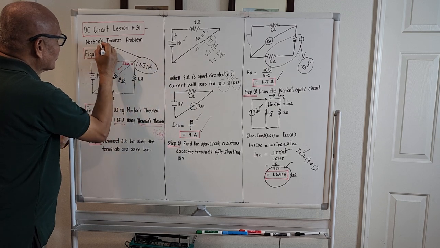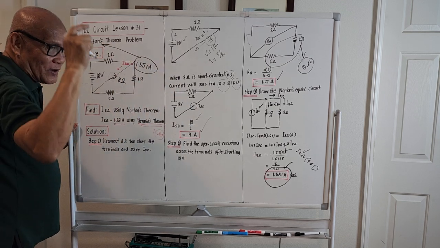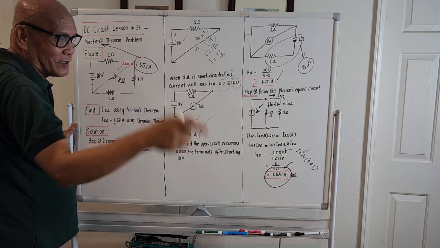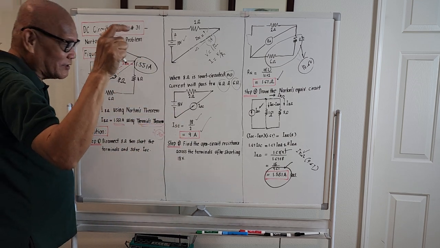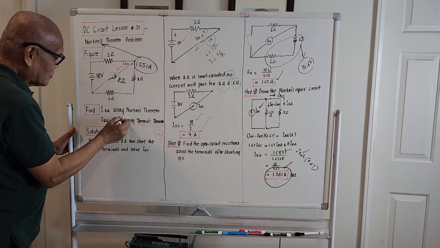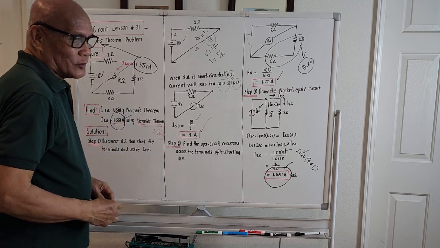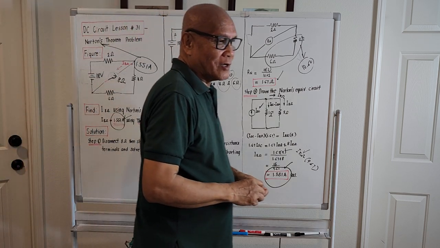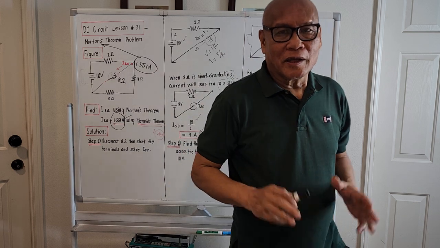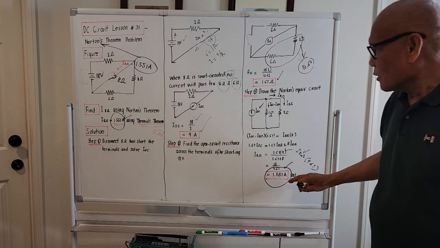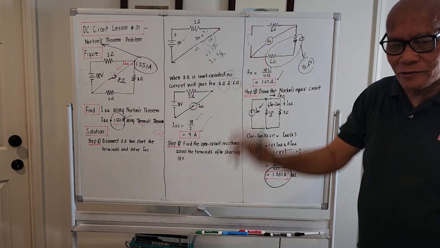That is by using Norton's theorem. And from the previous lesson number 30, in which the solution was Thevenin's, the current is still 1.551 amperes. So for tonight, we have presented the second concept of solution, and the current that comes out is the same as for the first solution.